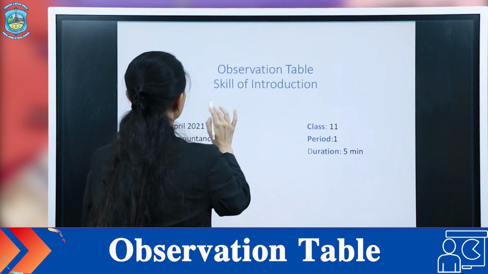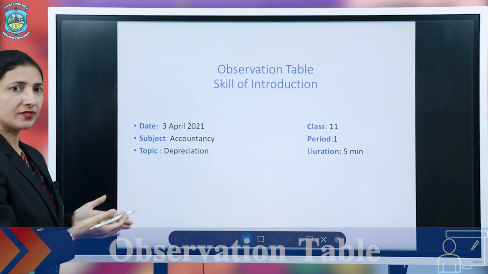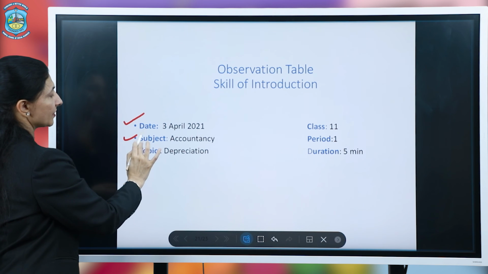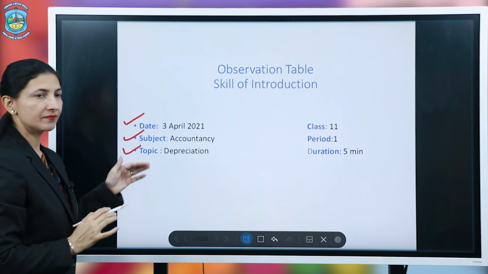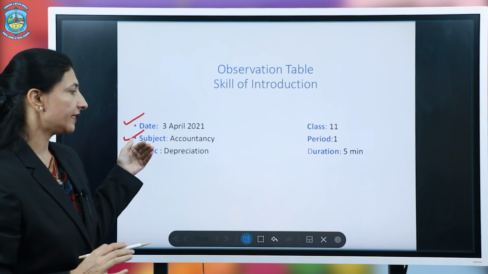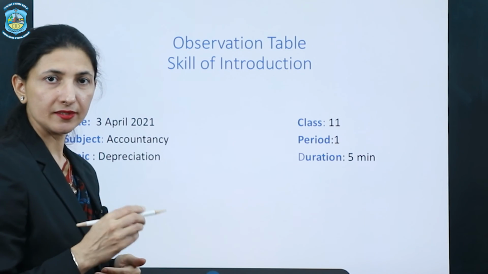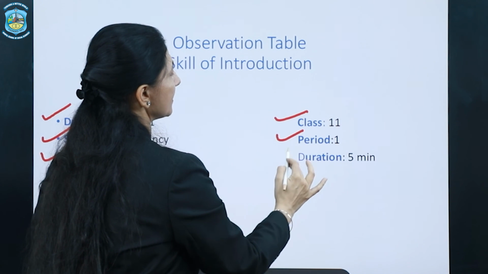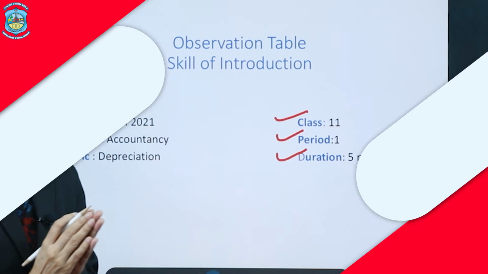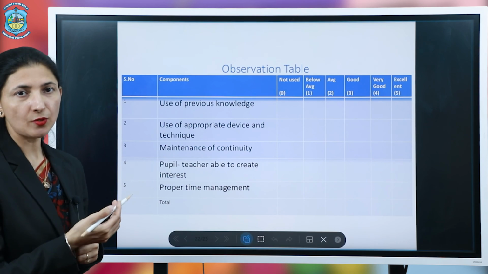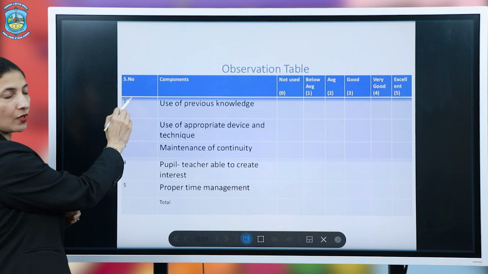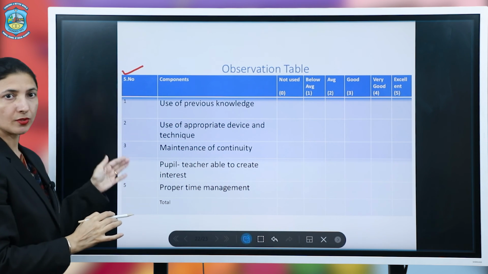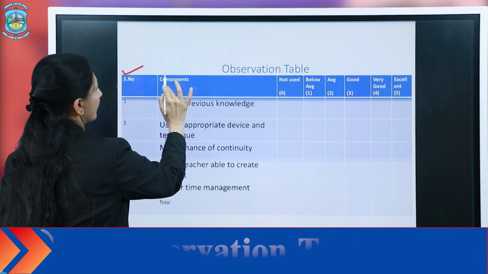So now next, let's learn how to make an observation table. So here also it's almost the same. You have to write the date, subject and topic. It would be the same as you already designed the model lesson plan, and class, period and duration at the top. Now look at this observation table. In the first column, we'll be writing the serial number, the sequence of the components.